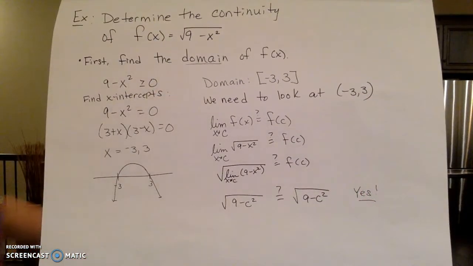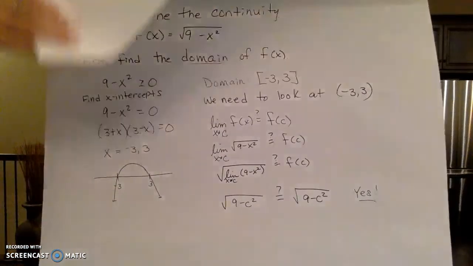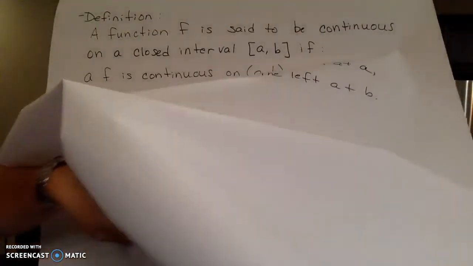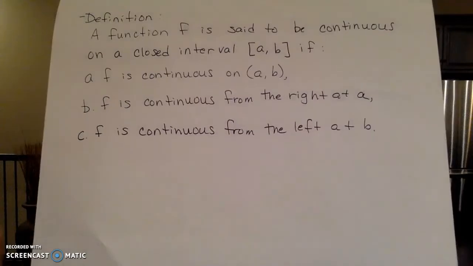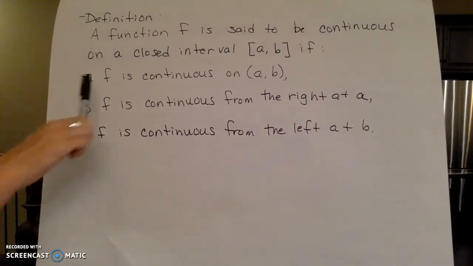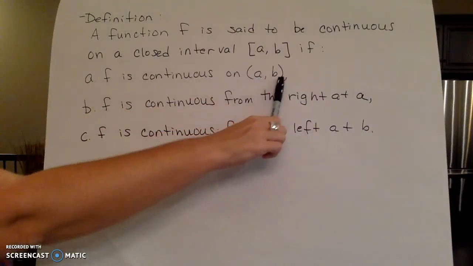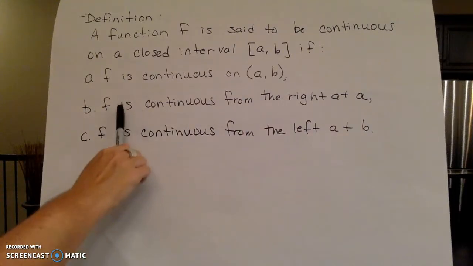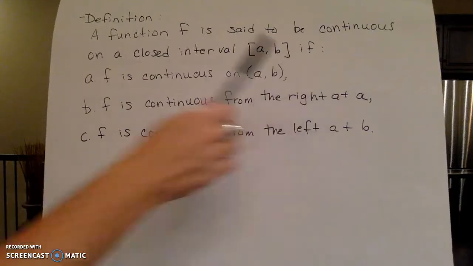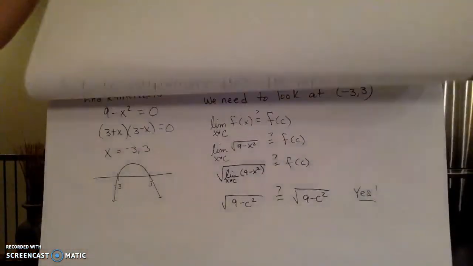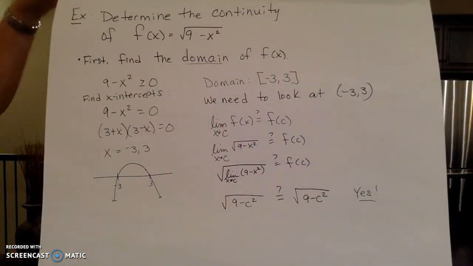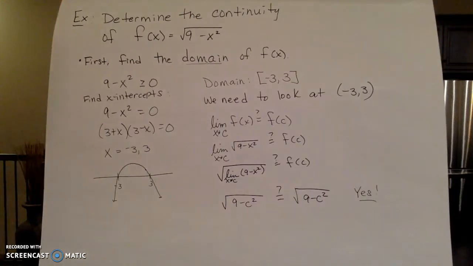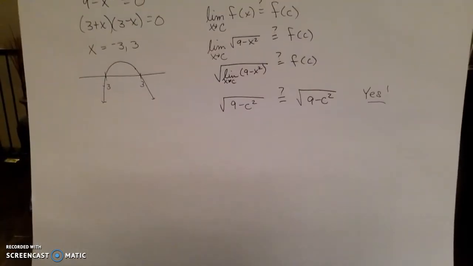All right. So now we go back for a second. Right. So we determined that f was continuous on the open interval from negative 3 to 3. Now we need to determine if f is continuous from the right at a. Okay, so we're going to need to move this down a little bit.